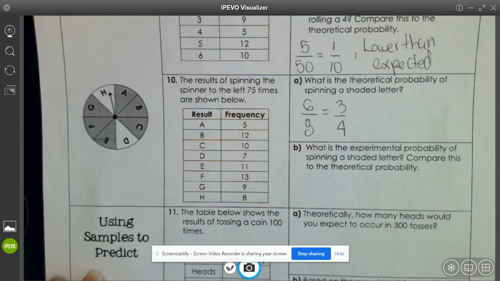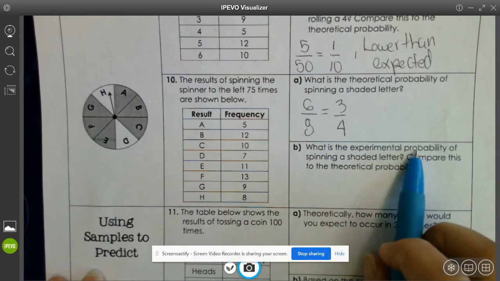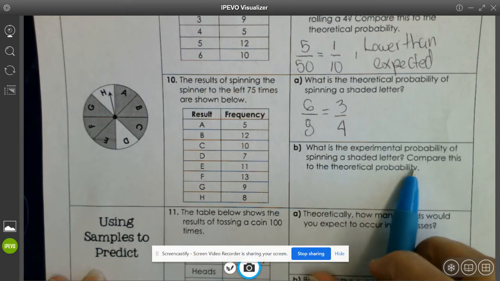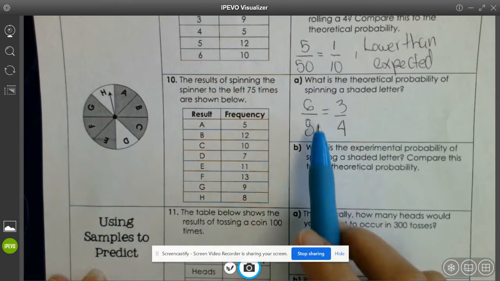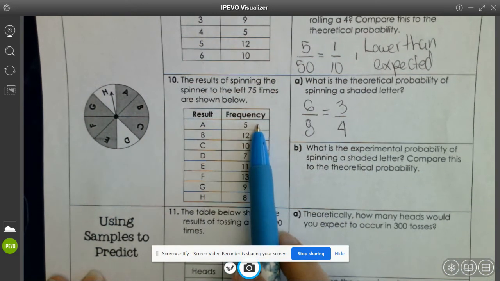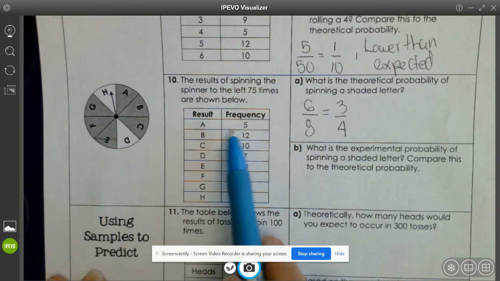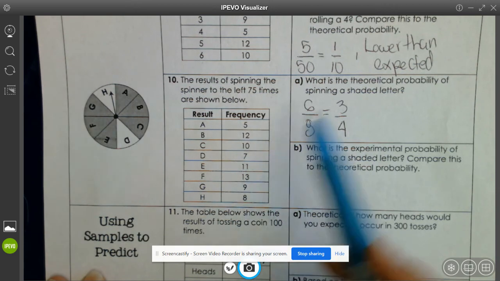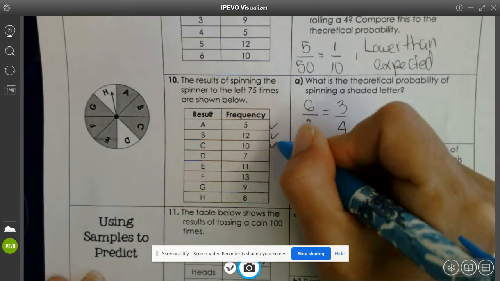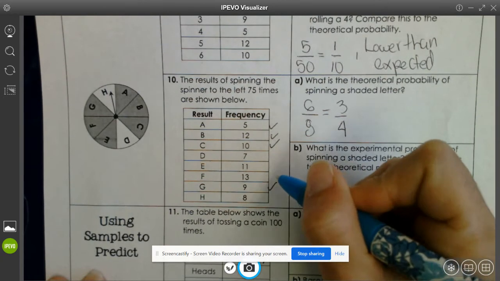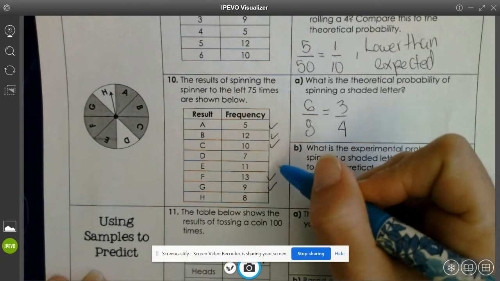And then what is the experimental probability of spinning a shaded letter? Compare this to the theoretical probability. So we're doing the same thing here. We have to add all the frequencies of all the shaded letters. So that's 5 plus 12 plus 10. These are all shaded. This is shaded, shaded, shaded. And then G is shaded, F is shaded, and E is shaded.